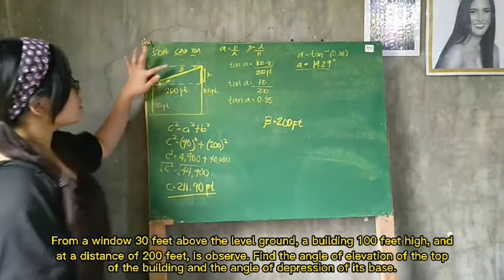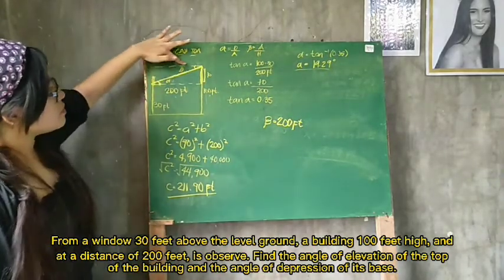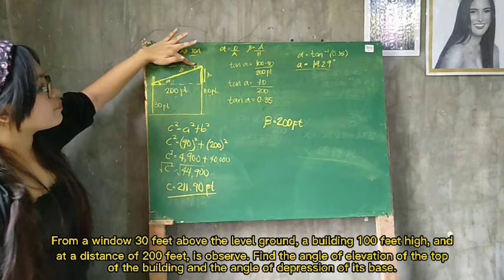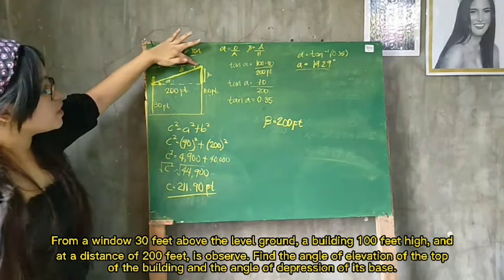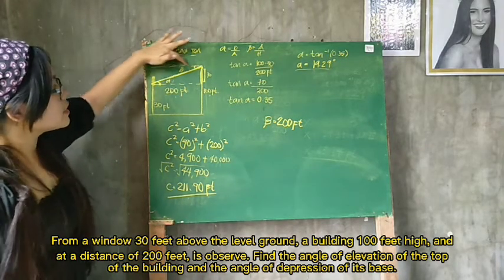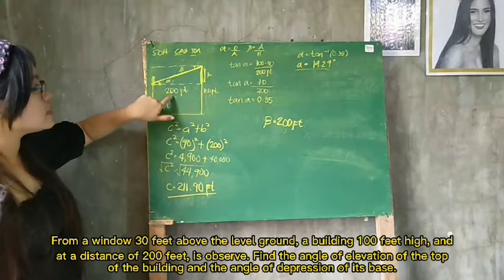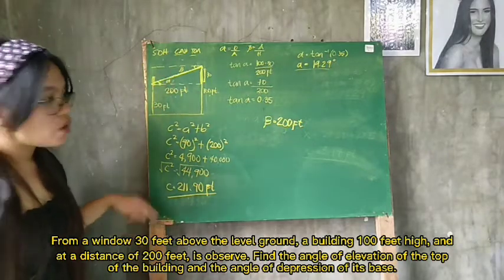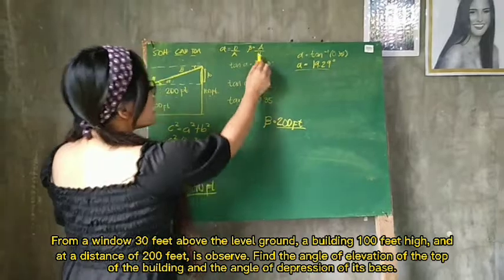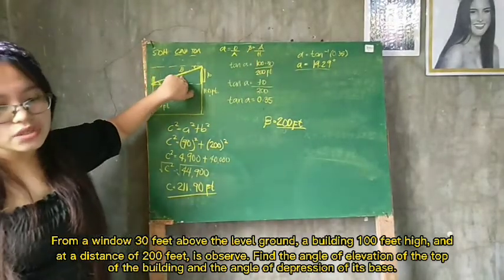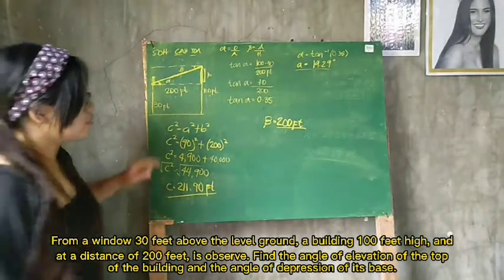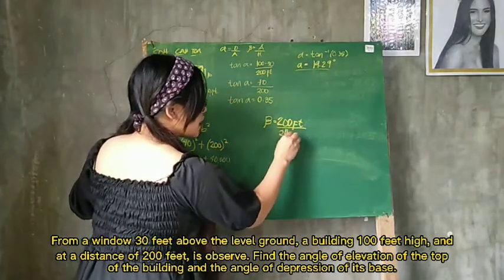The adjacent is here at the top. It's the length of the top here, the distance here and here are the same. So it is the same 200 feet over the hypotenuse, which is 211.90 feet.